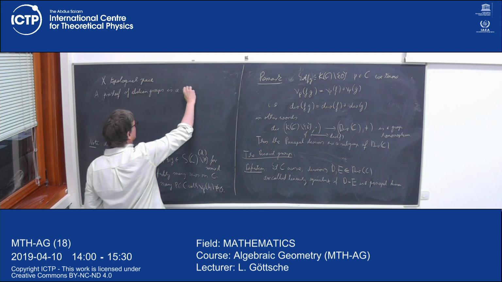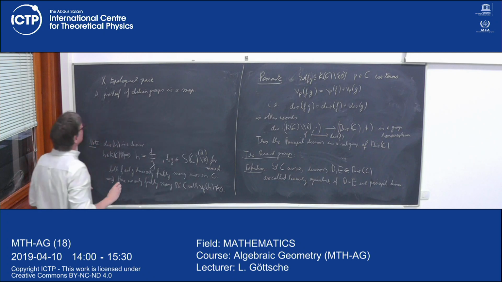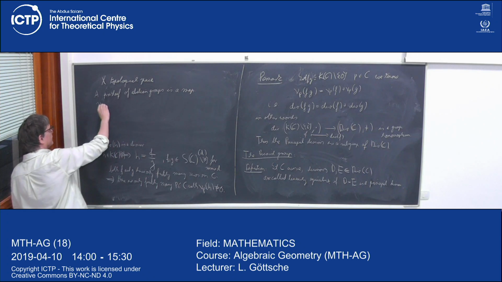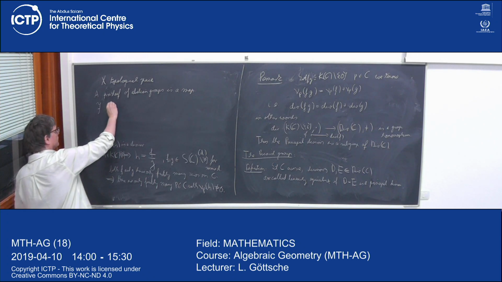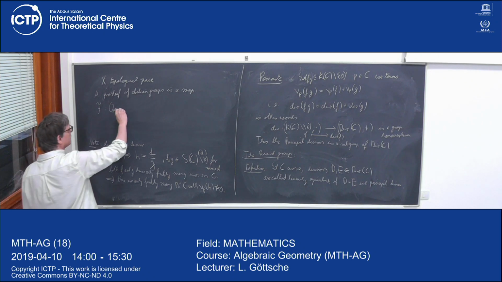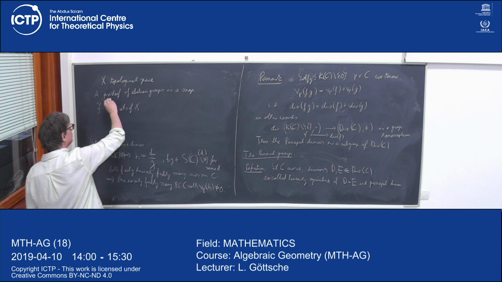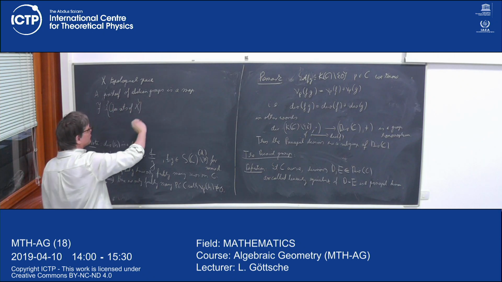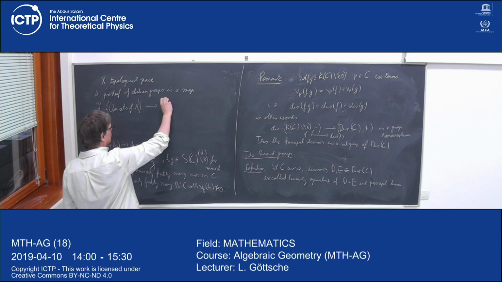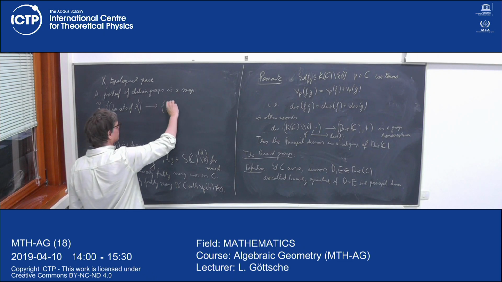is a map, which I call F, which goes from the open sets of X to the abelian groups.